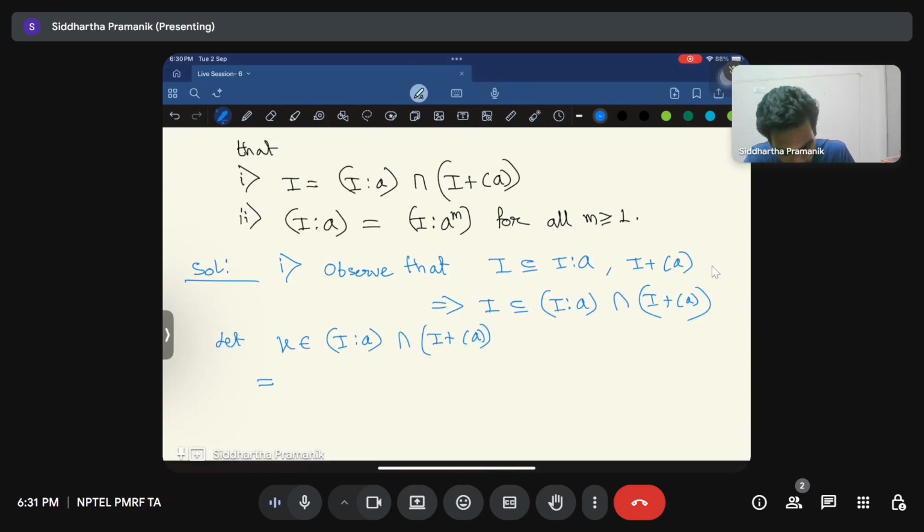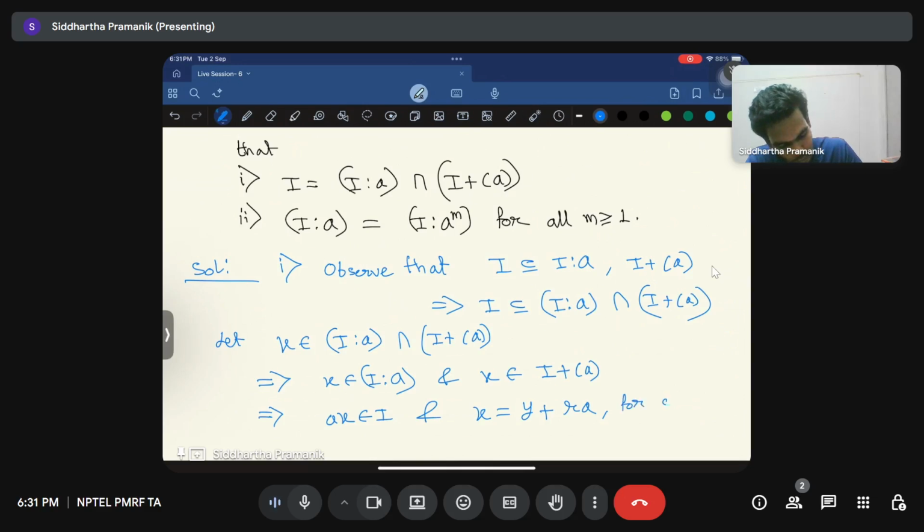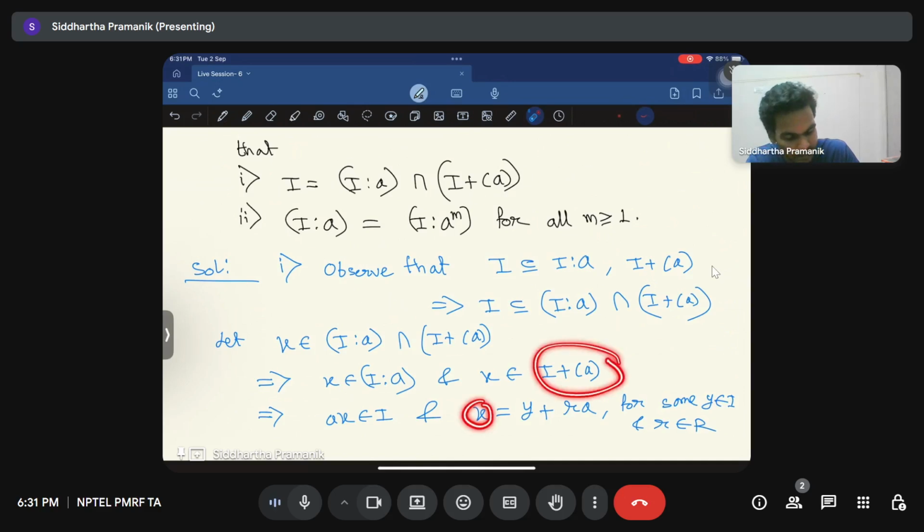So what can we say from here is x belongs to I colon a as well as x belongs to the ideal generated by a plus I. So from this we can say ax belongs to I, and we can write x as some y plus r times a, for some y belongs to I and r belongs to R, because x is an element of this ideal I plus ideal generated by a, so x must have this type of form.